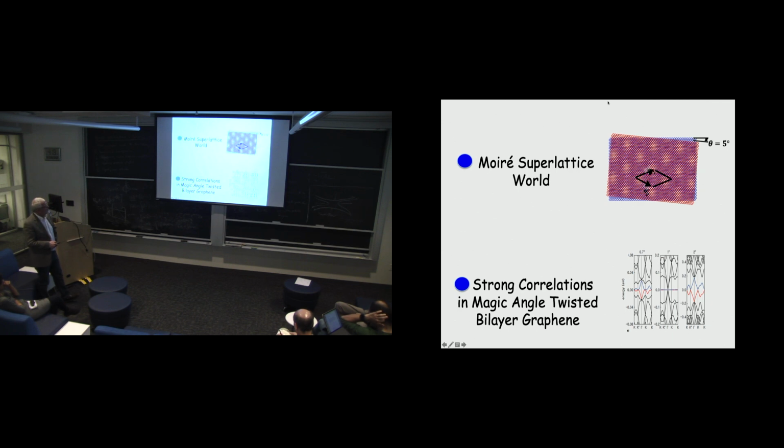In the second part, I'm going to say a few words about the particular case of Moiré superlattices formed by taking two graphene sheets, two-dimensional crystals of carbon atoms, and twisting them relative to each other.